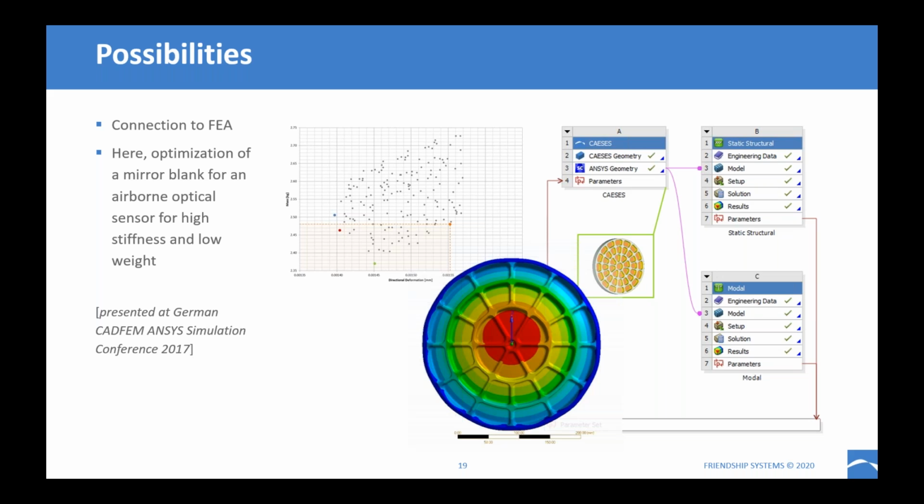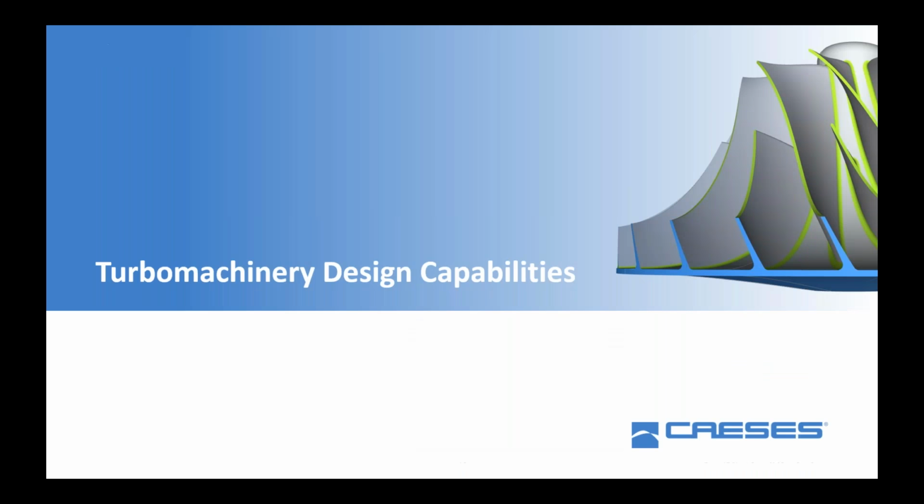And as you can see here, the geometry that is created in CAESES for this mirror blank with this hole pattern is transferred to a static structural analysis and modal analysis. This was presented at the CADFEM Ansys conference. So in case you are interested in this, I can also provide more material.